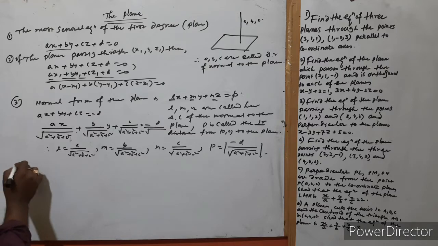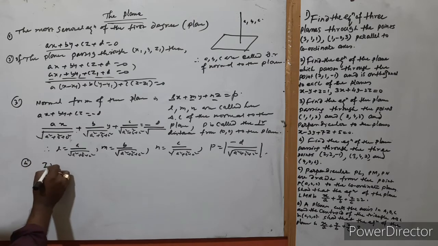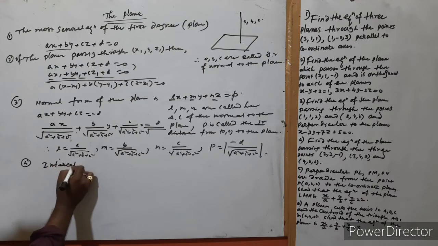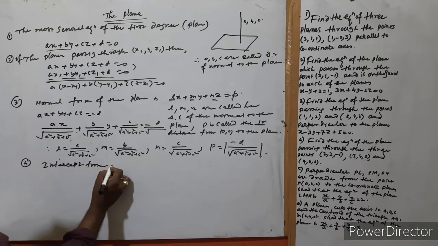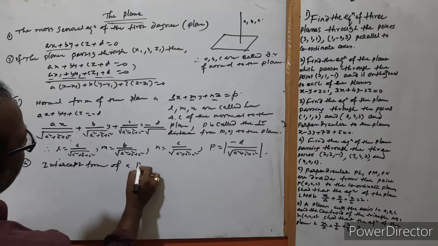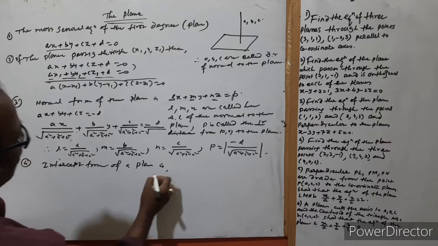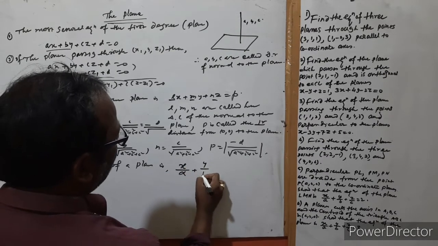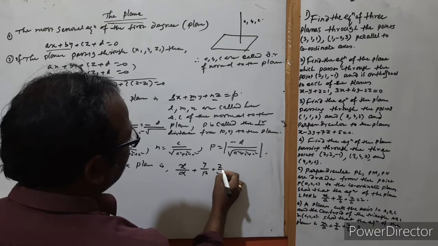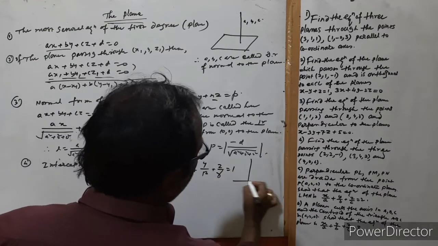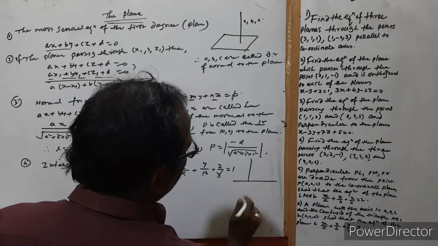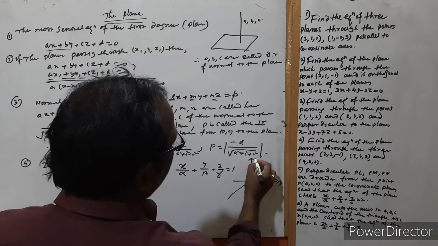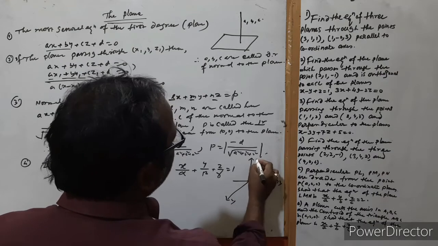Now intercept form. Number 4 is the intercept form of a plane, which is x by alpha plus y by beta plus z by gamma is equal to 1. Actually, this is the x-axis, this is the y-axis, and this is your z-axis.